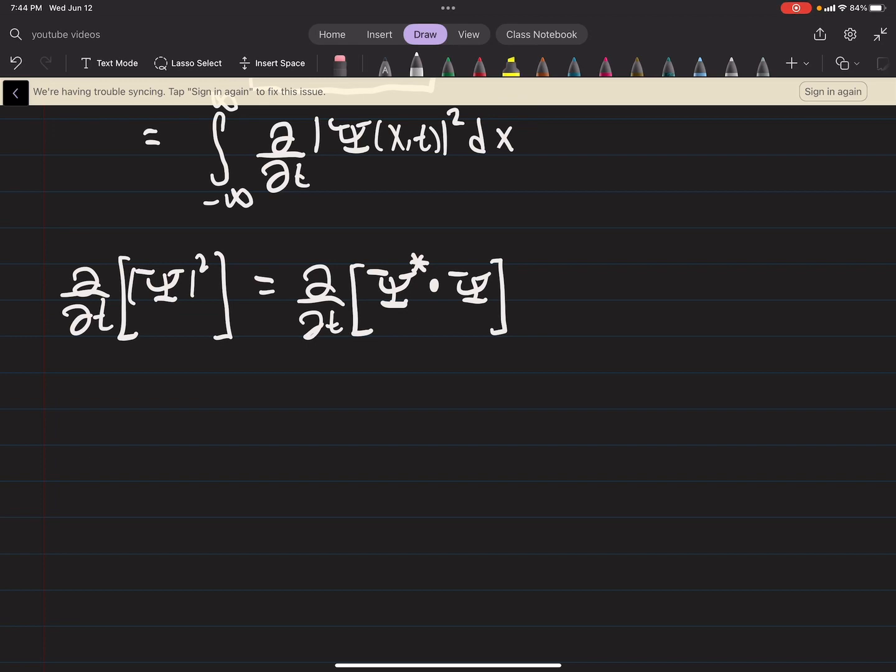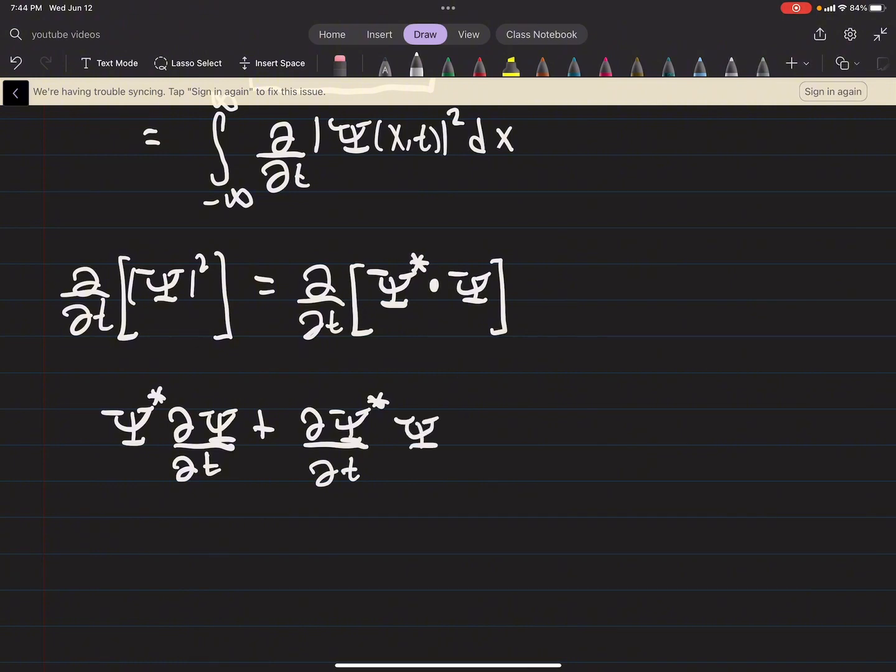Okay. Well, this is just the product rule from basic calculus. So we keep our first function, take the derivative of the second, plus the derivative of our first function with respect to t times our first function.